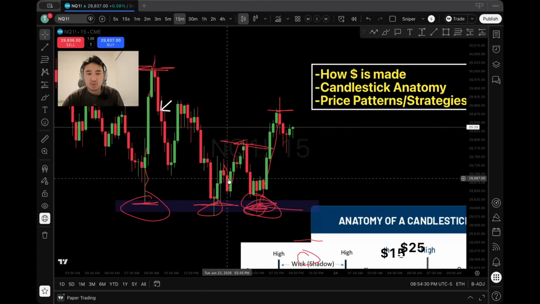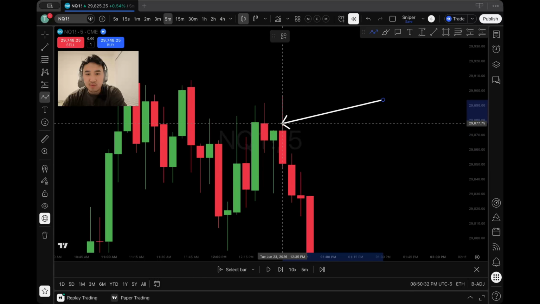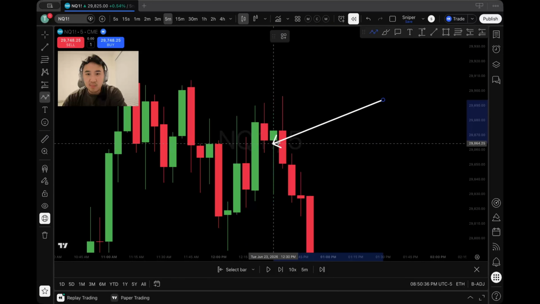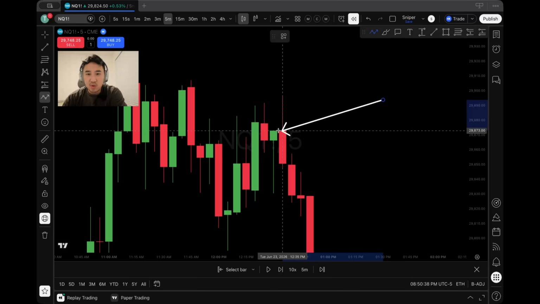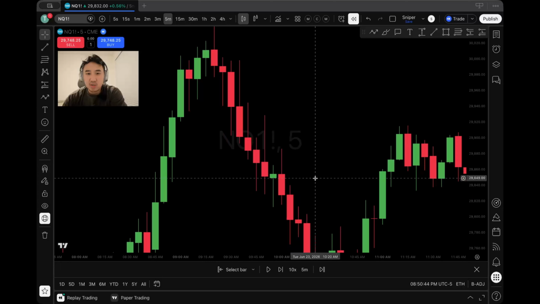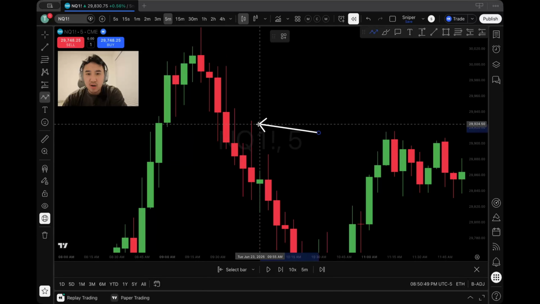There were a lot of sellers to push price all the way down here, but there were more buyers in the market for this 5-minute time frame to push price all the way back up to close higher than what it opened at. All right, so if you see the wicks here, wicks are essentially telling you that there's a battle between buyers and sellers.